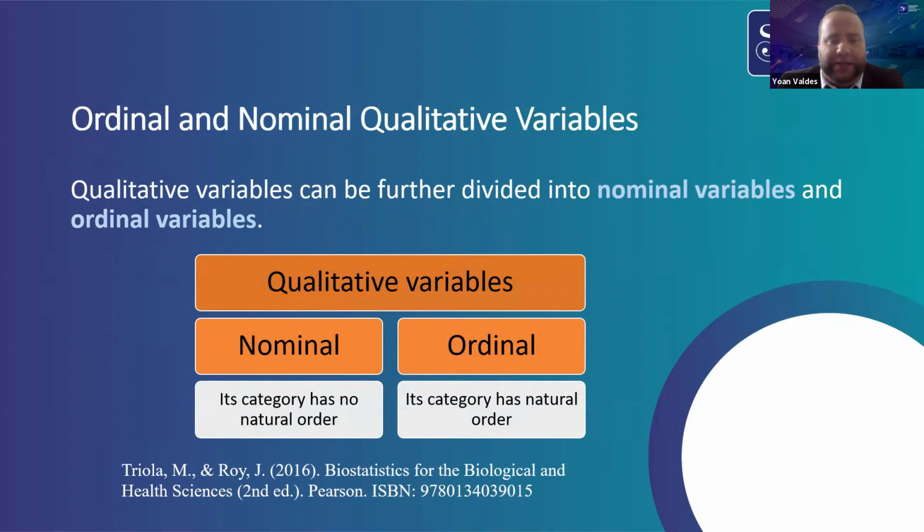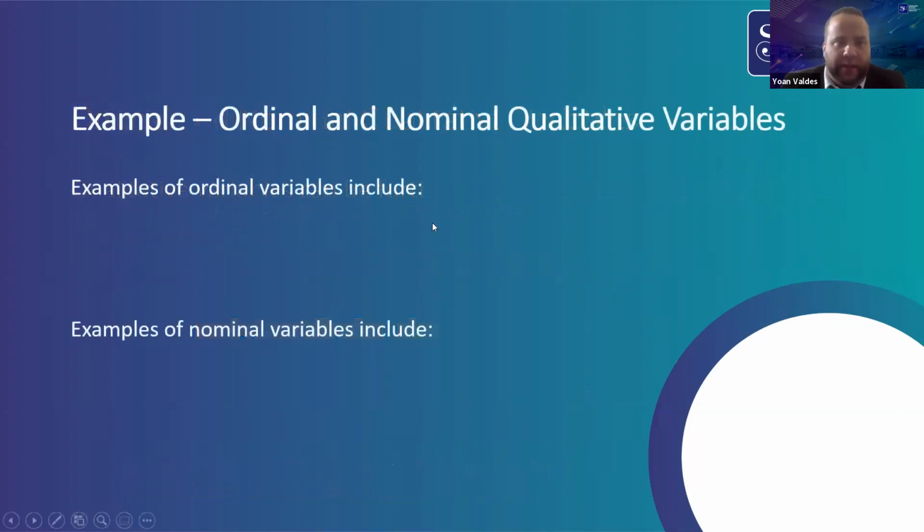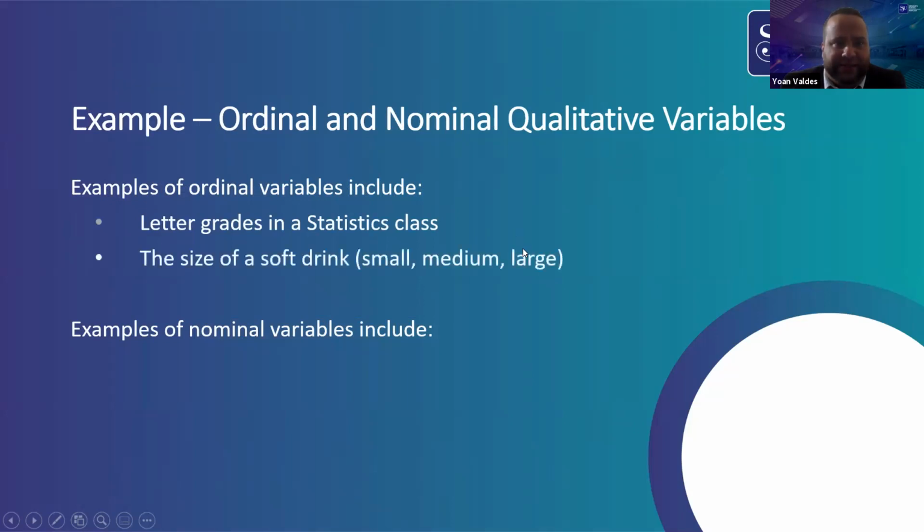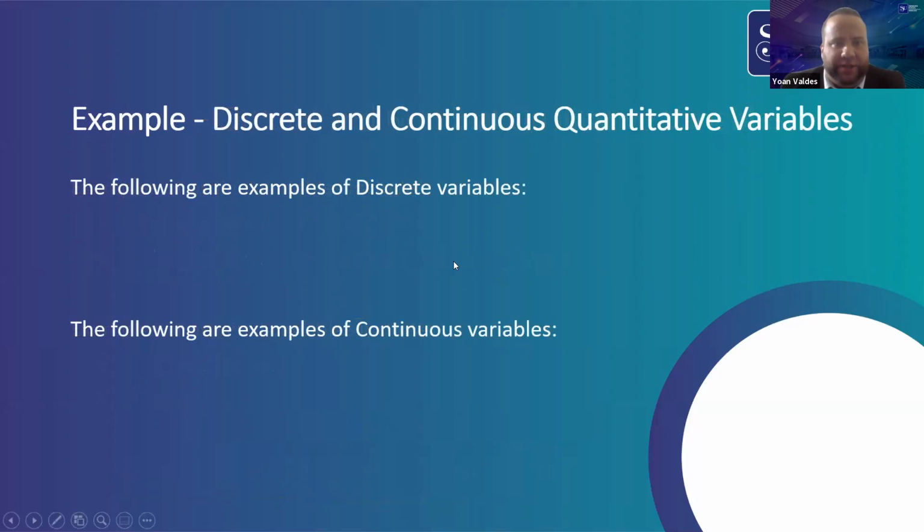Nominal is just a category and has no natural order, and ordinal has a natural order, like first, second, like the military ranks. Examples. For the ordinal, we have the letter grades in the statistics class, the size of the software: small, medium, or large. For the nominal, we have states of residence and gender.